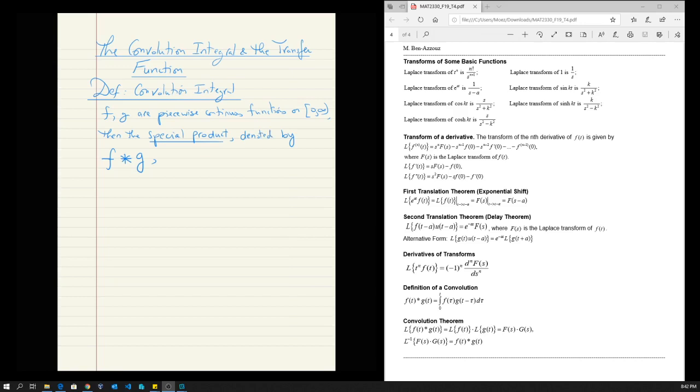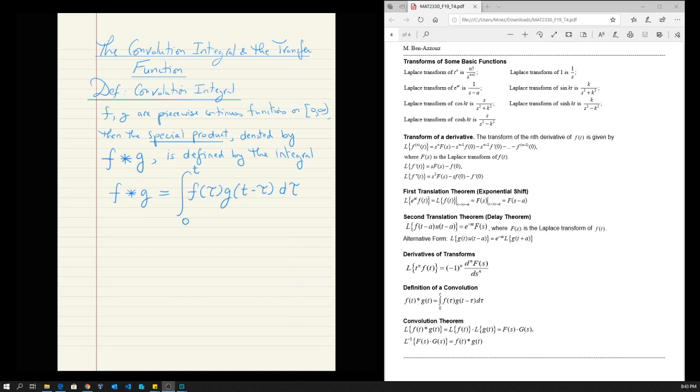Denoted by that symbol, it is defined by the integral, and here comes the integral. So f asterisk g equals an integral from 0 to t of f of tau. Now be careful, that's not a t, that's a tau, it's a Greek letter, times g of t minus tau, integrated with respect to tau.